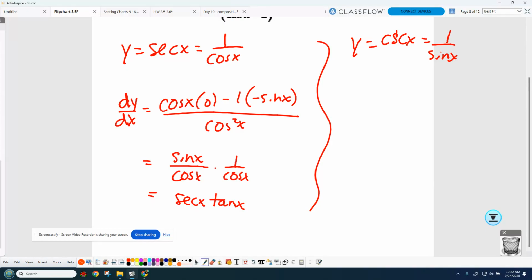Okay, what's the derivative of cosecant? Negative cotangent cosecant.